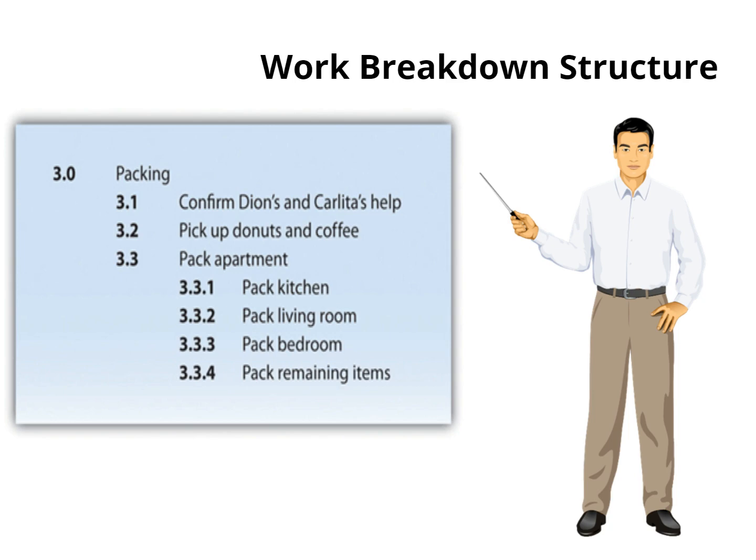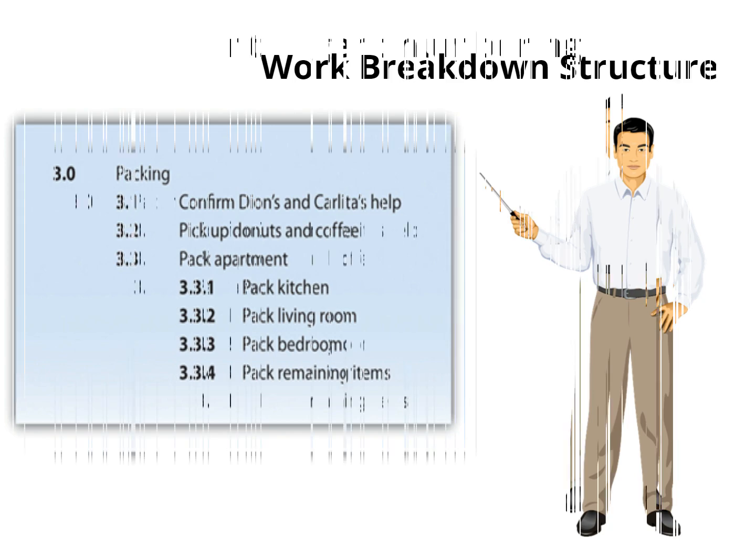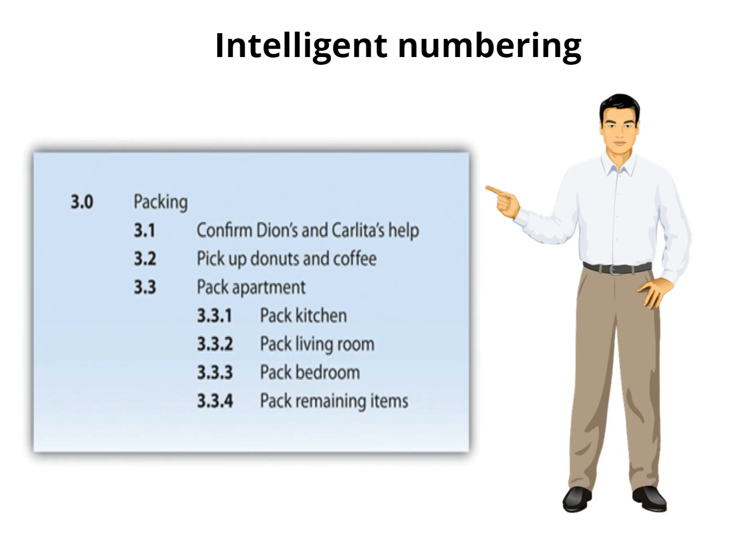The WBS shows a greater level of detail by listing the tasks needed for each subdivision activity, such as 3.3.3 pack bedroom, which could be decomposed further, such as 3.3.3.1 pack closet, 3.3.3.2 pack drawers, etc. This type of numbering of the activities is called intelligent numbering.